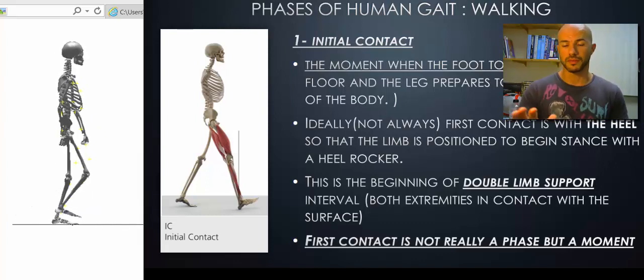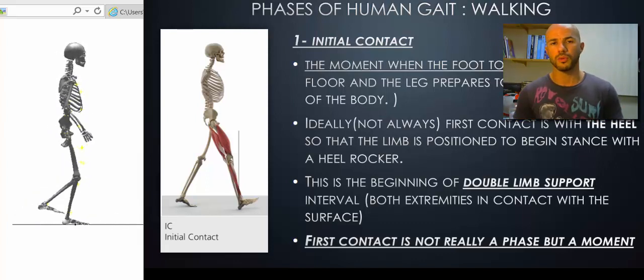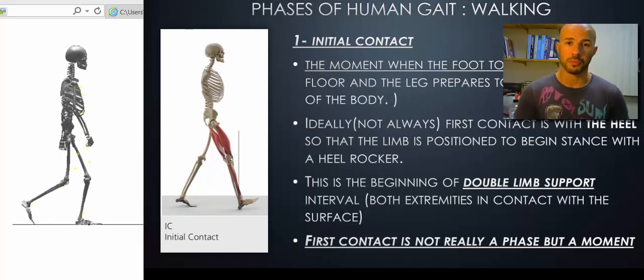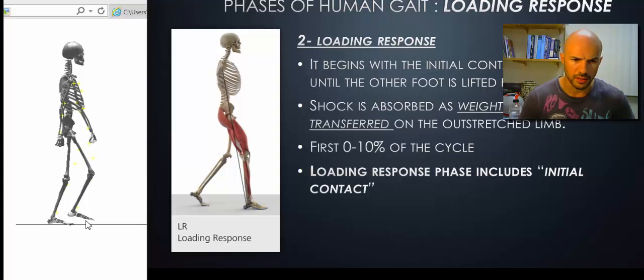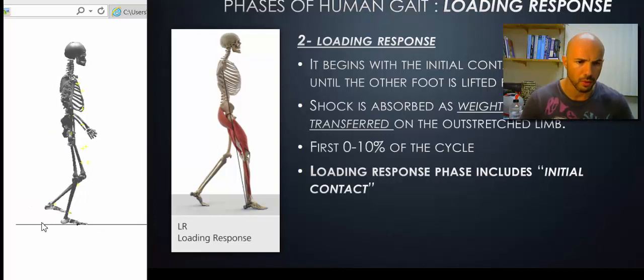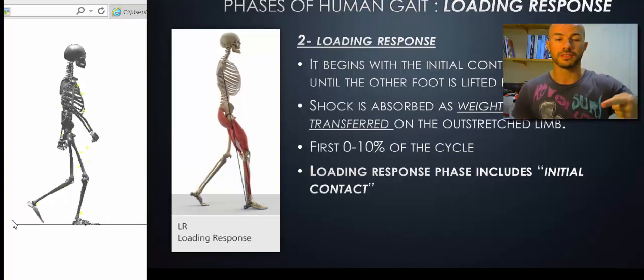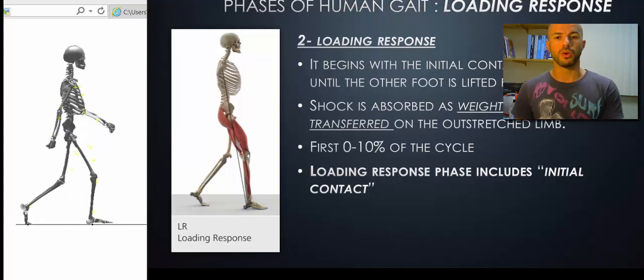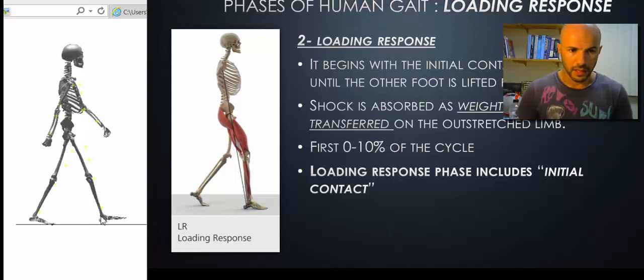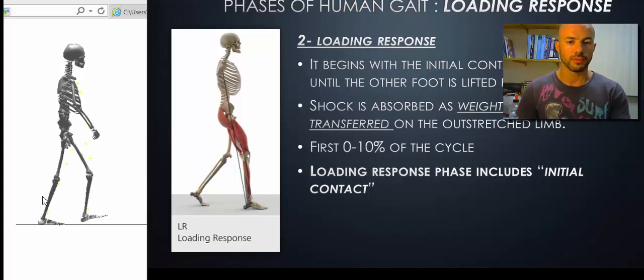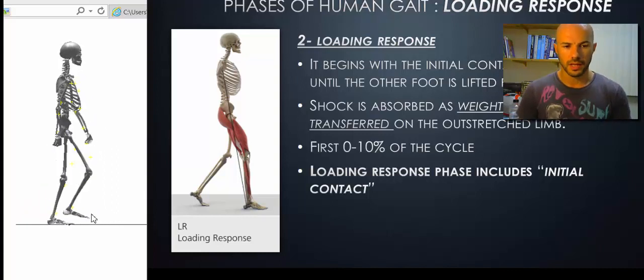Ideally, we want to make contact with the heel first, but that's not always the case, and that's not always abnormal. The second phase is called the loading response. As you can see here, after the initial contact, the moment the other foot lifts off the ground, we're going to call this the loading response. Let's check one more time. Initial contact, just the 10%, it happens super fast.